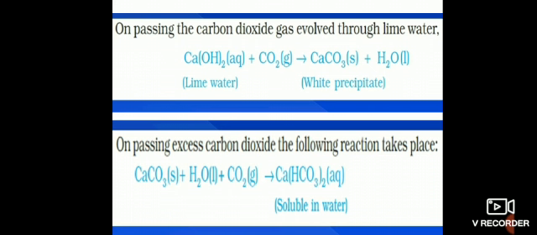If we pass excess carbon dioxide, then what happens? If we pass excess carbon dioxide through calcium carbonate, then it produces soluble calcium hydrogen carbonate.